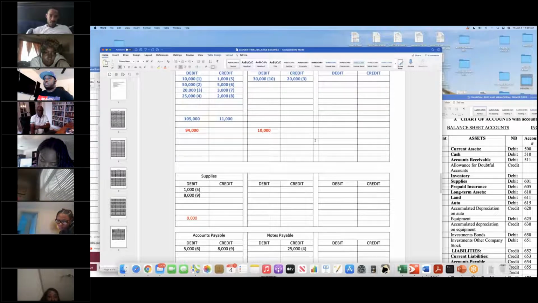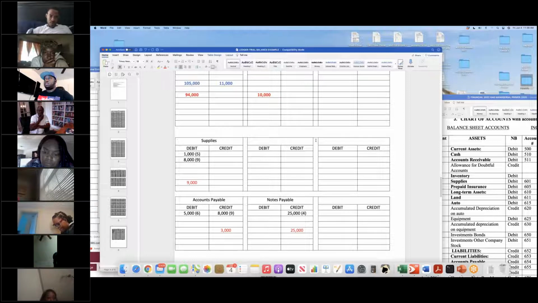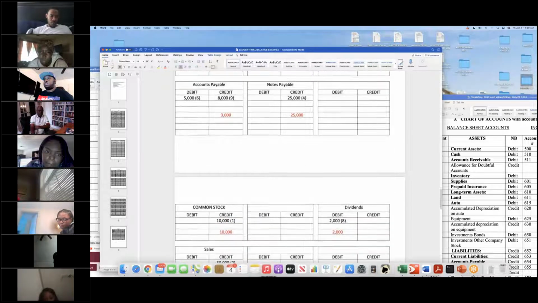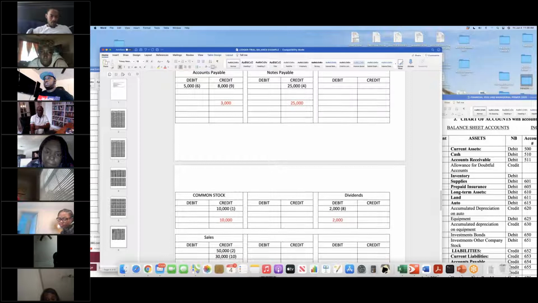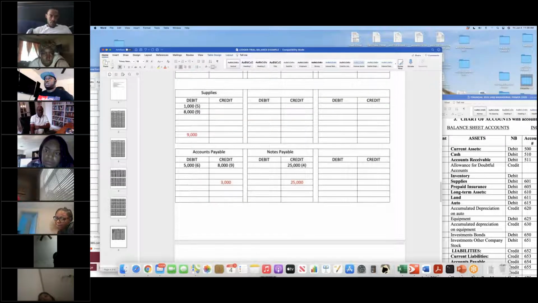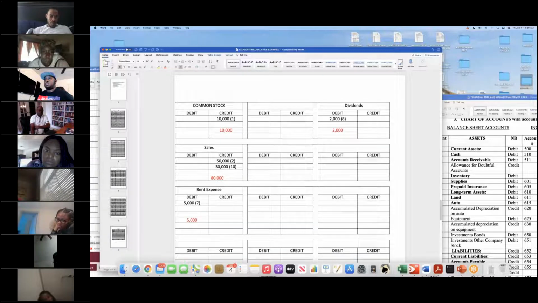The supplies look fine. Accounts payable, notes payable, sales.